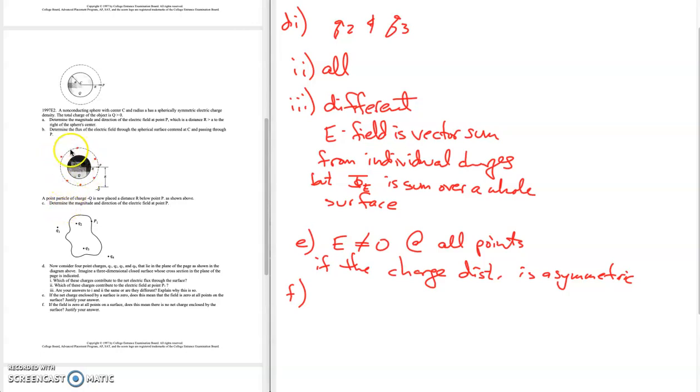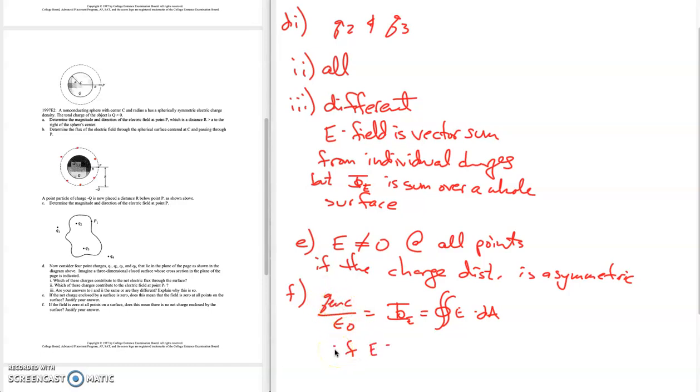In order to get 0 electric field, that means inside we have to have 0 net charge. Remember our Gauss's law equation: Q enclosed over some constant produces flux, which can be broken down to the electric field times the area. So if this side is 0, then the middle is 0, and that means the left side of the equal sign is 0.